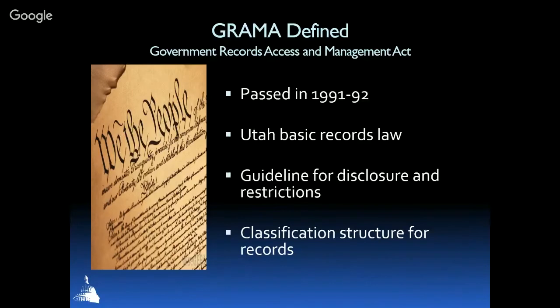In fact, in many ways, GRAMA is parallel to FOIA. The law provides guidelines for disclosure and restriction of records, and it has a comprehensive records classification structure. There are four classifications: public, private, protected, and controlled. And the law further states that when access is governed by some other statute, that statute takes precedence and/or complements GRAMA.